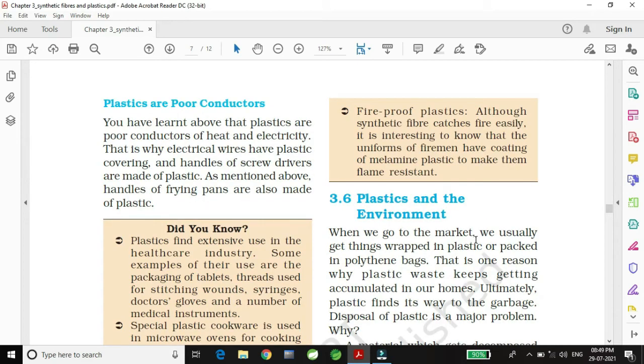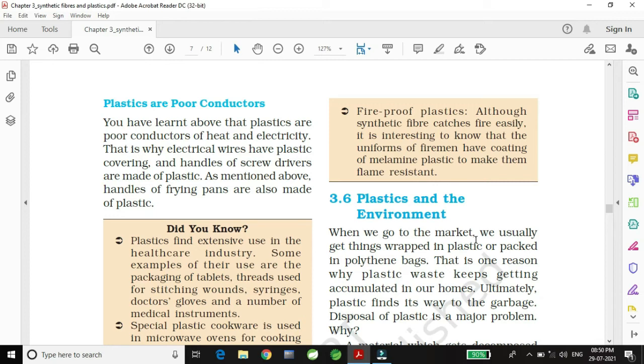The next characteristic is that plastic is a poor conductor. This is the third characteristic. You have learned that plastics are poor conductors of heat and electricity. That is why electrical wires have plastic coverings, and handles of screwdrivers are made of plastic. As mentioned above, handles of frying pans are also made of plastic, which is a thermosetting plastic.